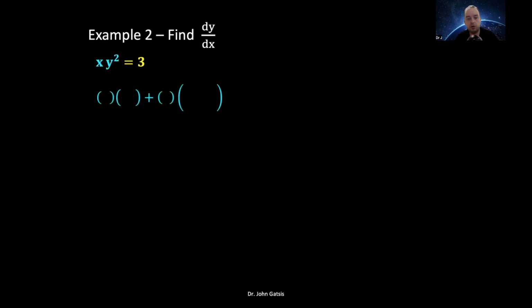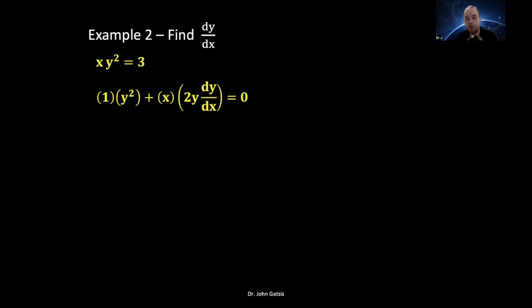Recall that for the product rule, we take the derivative of the first part, which is x, and that's 1. And then you leave the y squared alone. Then you're going to leave the x alone and take the derivative of y squared. The derivative of y squared is 2y, but remember, you've got to put a dy dx after. That's that chain rule. The 3, its derivative is 0, no problem there.